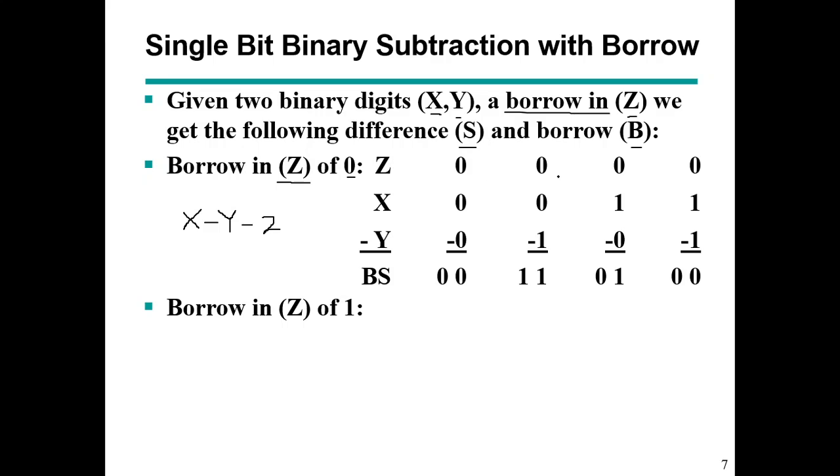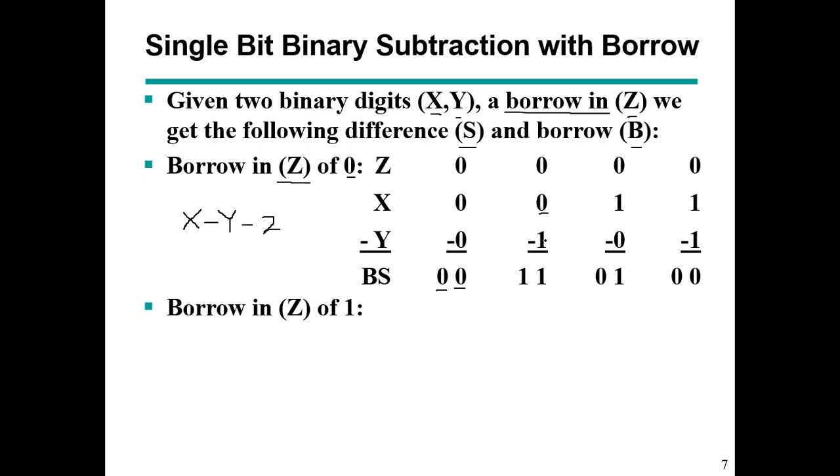In all these cases, z is equal to 0, so we are going to do x minus y. 0 minus 0 is 0, and in order to subtract 0 from 0, we did not need any borrow. So borrow is 0. Next we want to do 0 minus 1. Now, we cannot do 0 minus 1, because 0 is small and 1 is big.